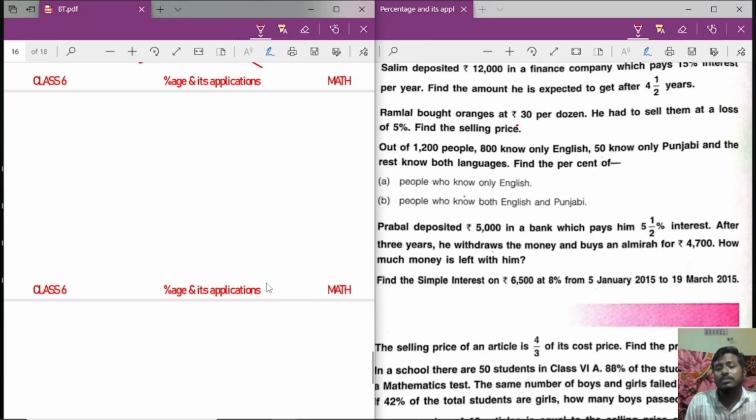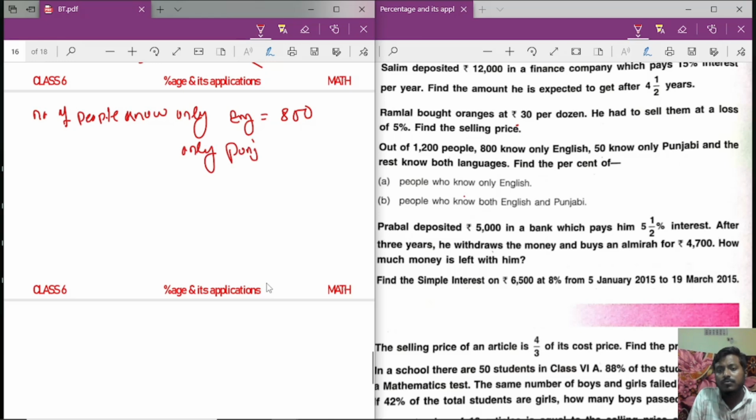Out of 1200 people, 800 know only English. So the number of people who know only English equals 800. Now only Punjabi equals 50.